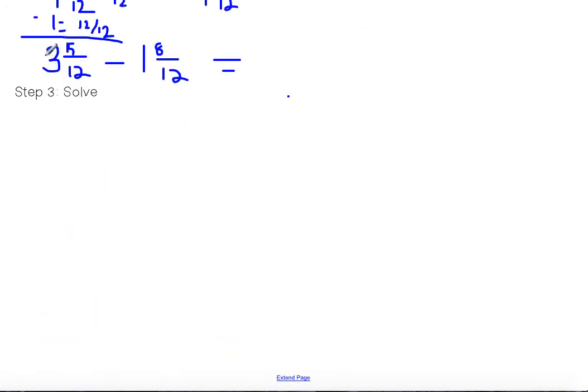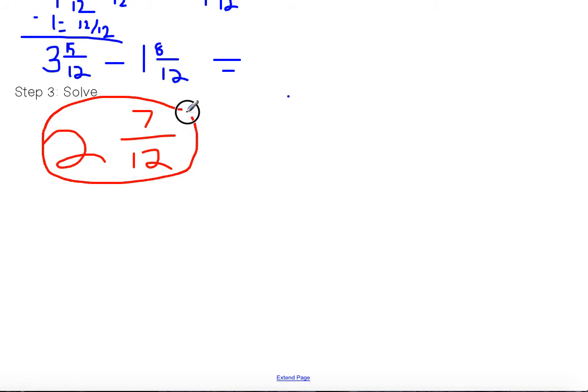So I'm going to subtract my whole numbers first. 3 minus 1 is 2. 15 minus 8 is what you need to solve next. Remember that your denominator stays the same, so the 12 should be there. And 15 minus 8 is 7. So your final answer would be 2 and 7/12.